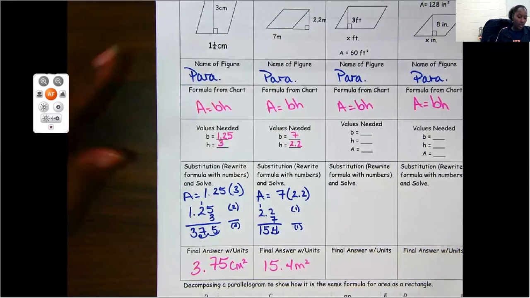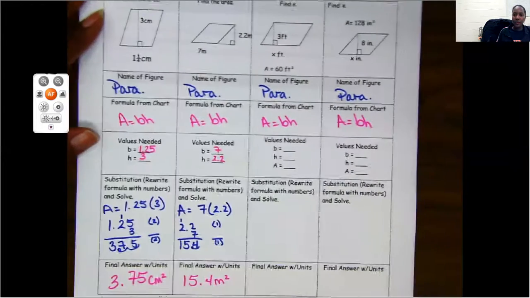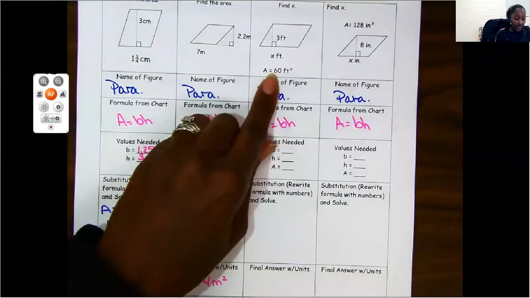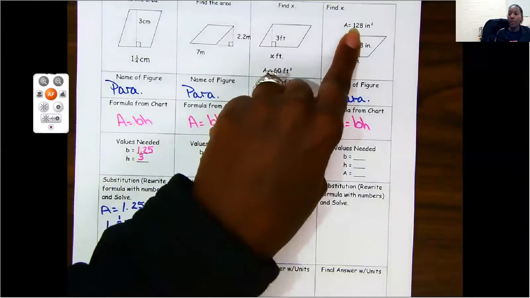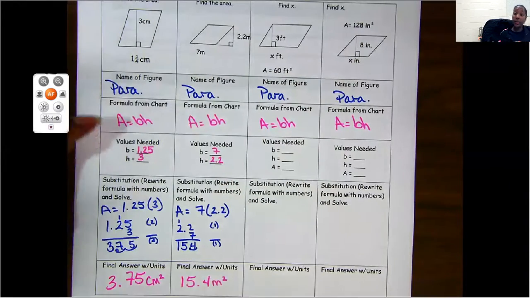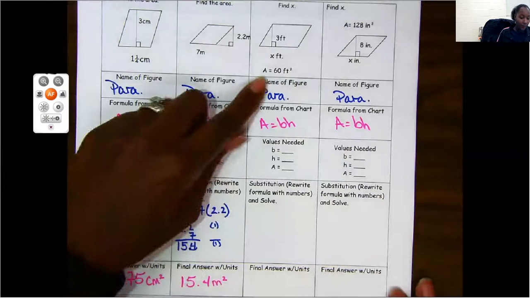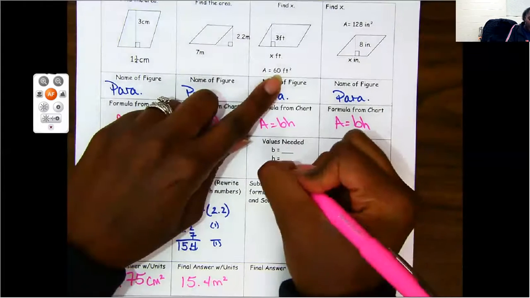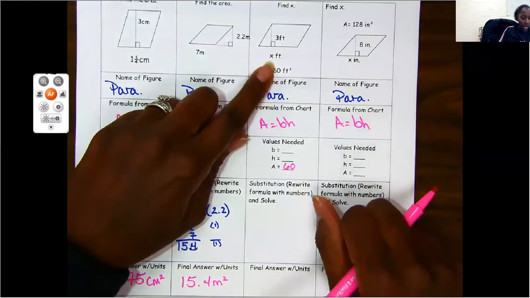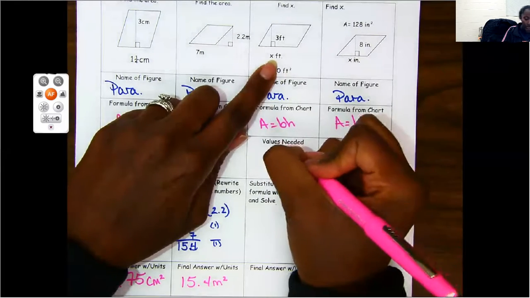Okay. All right. Now we have 2 where they have given us the area, but we're missing either the base or the height. So we need to work backwards by doing the opposite. So let's see what we have. We have the area is 60. I don't know what my base is, so I'm going to put x.